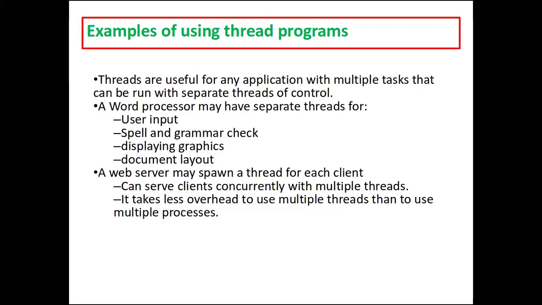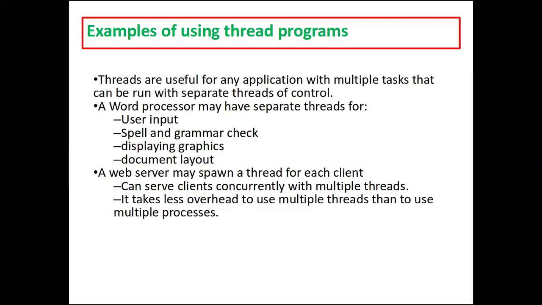It takes less overhead to use multiple threads than multiple processes. Threads are lightweight, they share resources, and this reduces the system cost. So these examples clearly show how threads help in handling multiple tasks efficiently within a single application, and they make applications faster and more responsive.